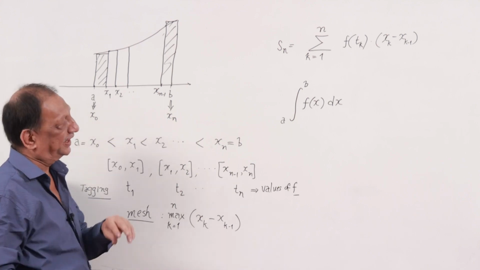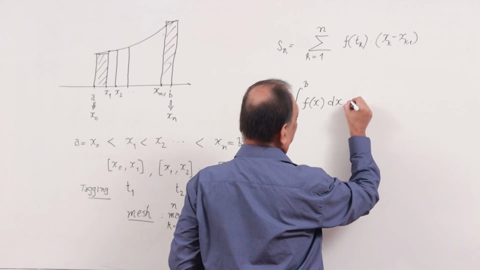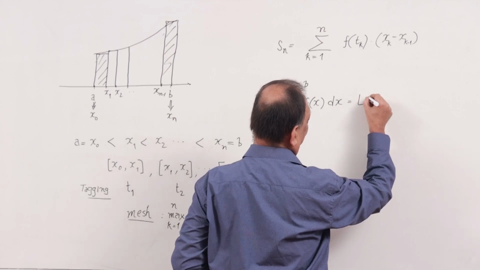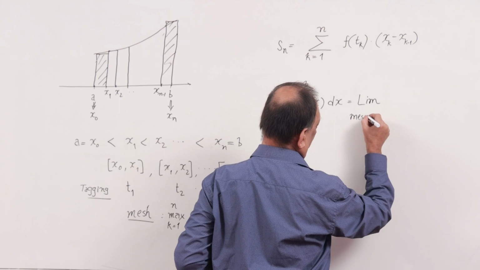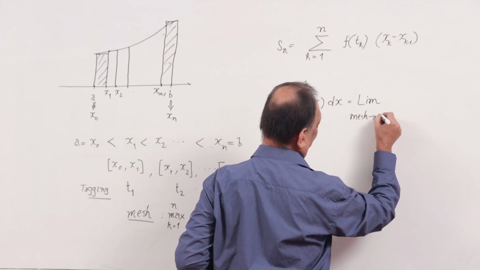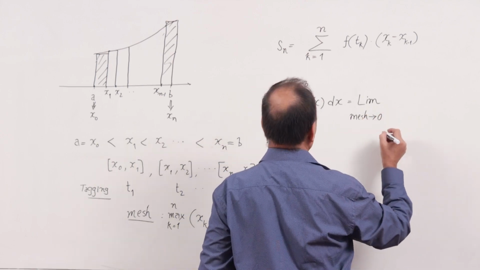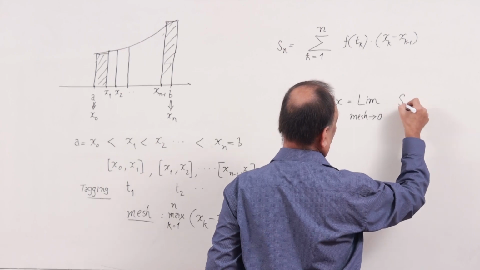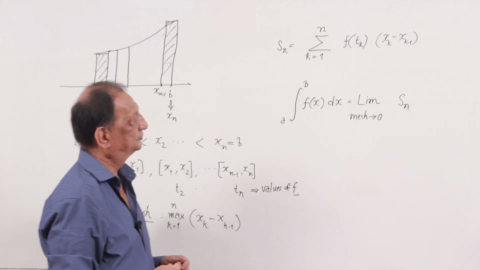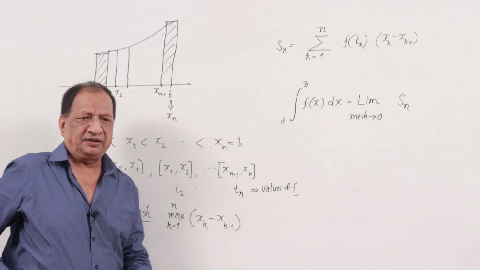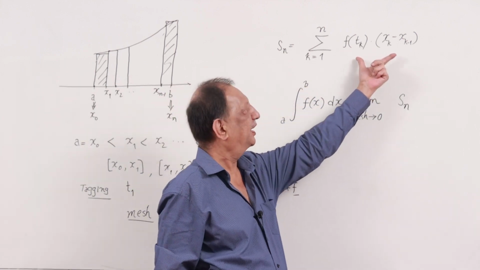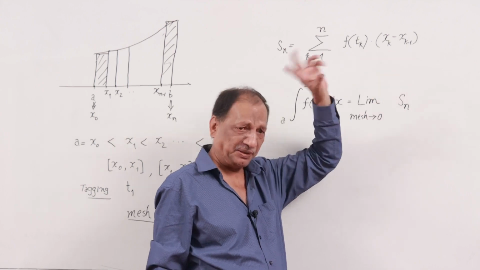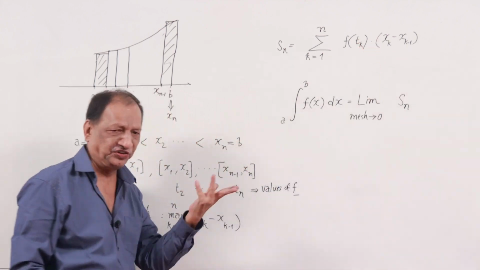Correct? How do we write that? It is equal to the limit as mesh goes to 0 of Sn. Remember, Sn is a partial sum for one type of subintervals that we have created, which has a mesh. I want the mesh size to go to 0.